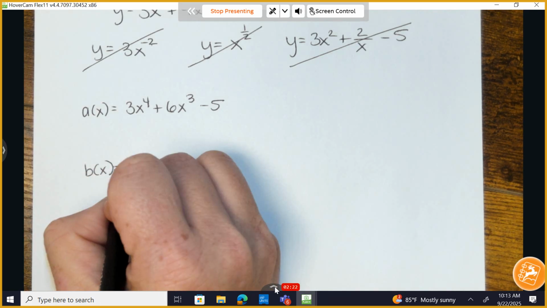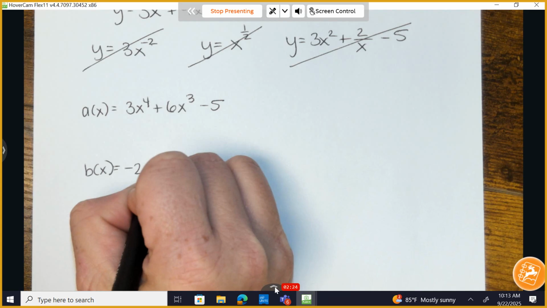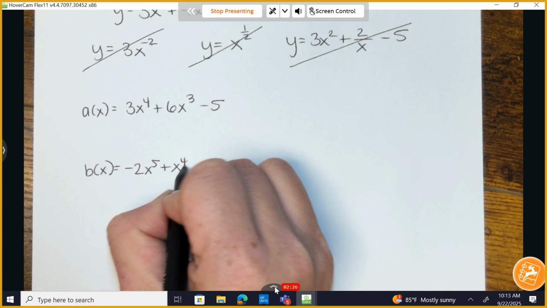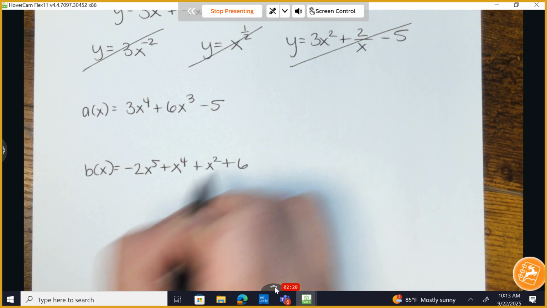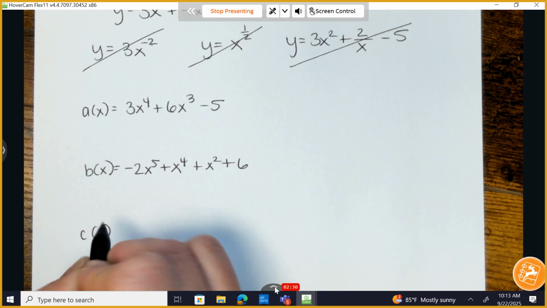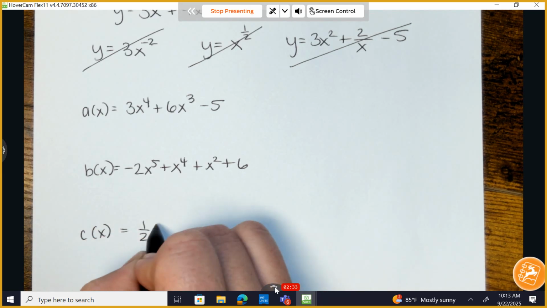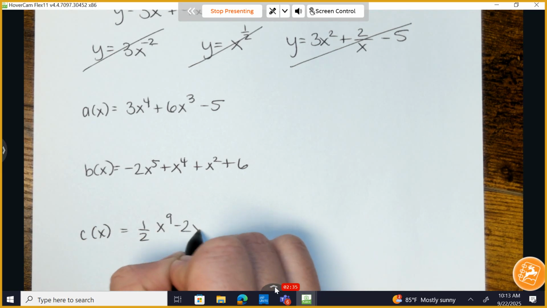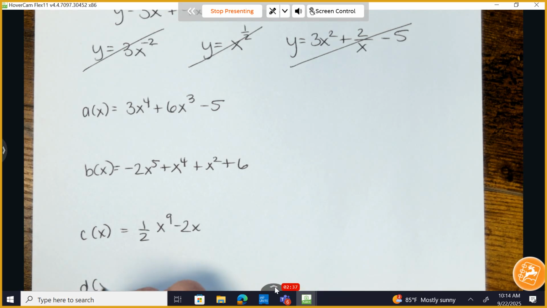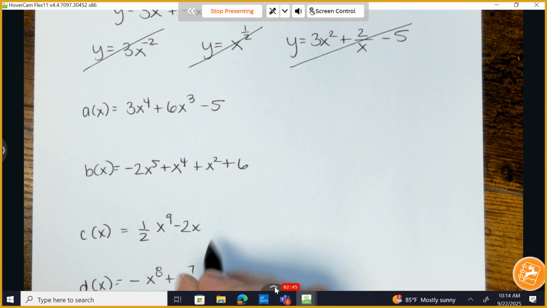B equals negative 2x to the fifth plus x to the fourth plus x squared plus 6. C is 1/2 x to the ninth minus 2x. And finally, D equals negative x to the 8th plus x to the 7th plus 3x to the 9th minus 4.